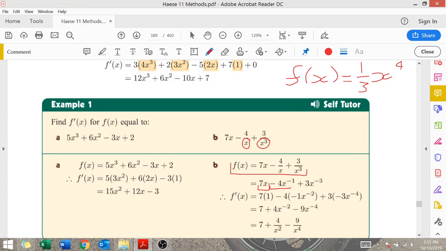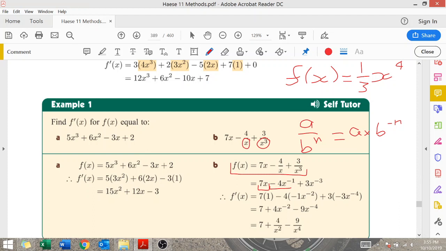Quick refresher course. A over b to the power of n is simply a times b to the power of negative n. So we can get rid of the divide thing by doing times by b to the negative of whatever this value here is.